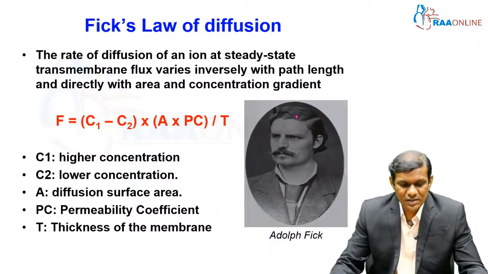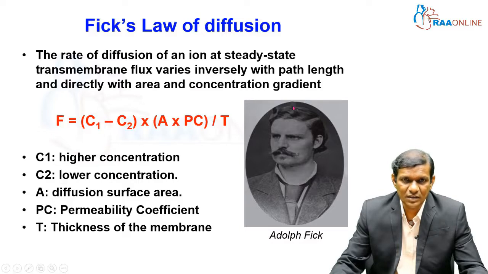This is given by Fick's law of diffusion, which explains how the diffusion process happens. The rate of diffusion of an ion at steady state transmembrane flux varies inversely with the path length and directly with the area and concentration gradient. This is Adolf Fick, who found out this formula for the law of diffusion and named it Fick's law of diffusion.